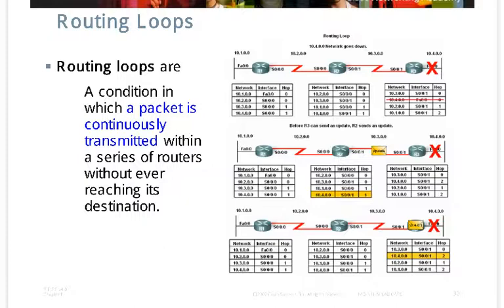Right? Based on the routing table, that's what I have. When router 2 receives the message, what will it do? Based on the routing table, I have an entry for 10.4.0.0 to be sent to 0/0/1, to this router. So it will go in a loop forever.